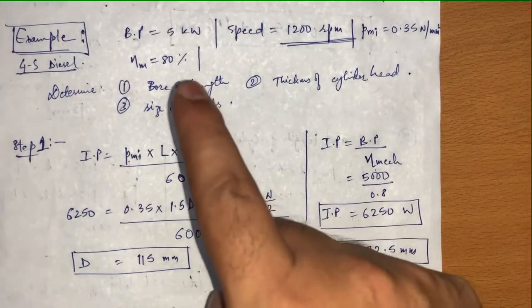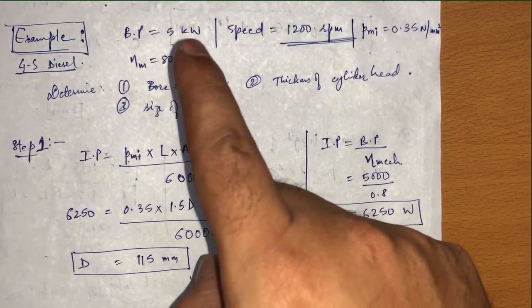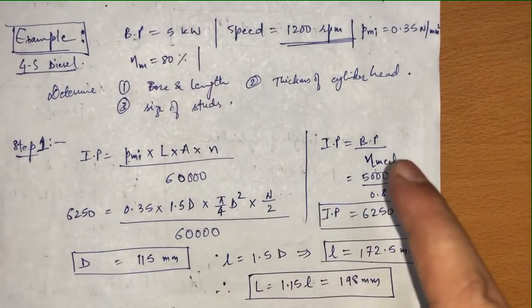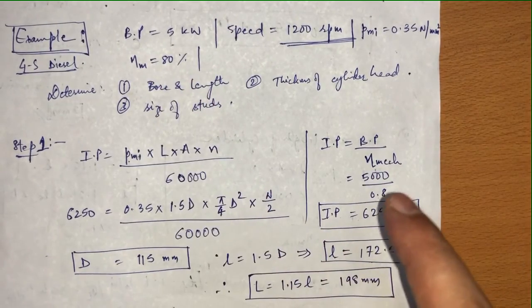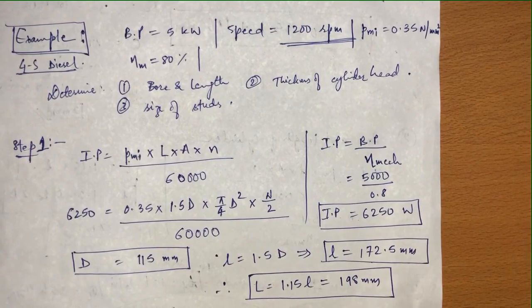Brake power is given as 5 kilowatt and mechanical efficiency is given as 80%, which can be written as 0.8. On solving, we get the value of IP, that is indicated power, as 6250 watts.